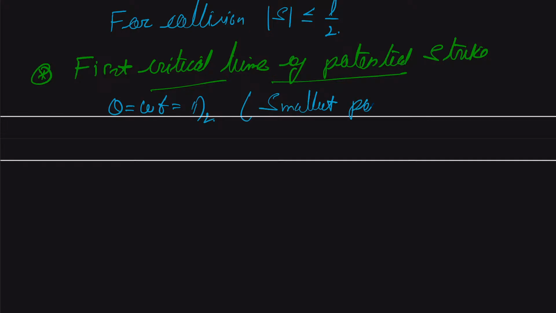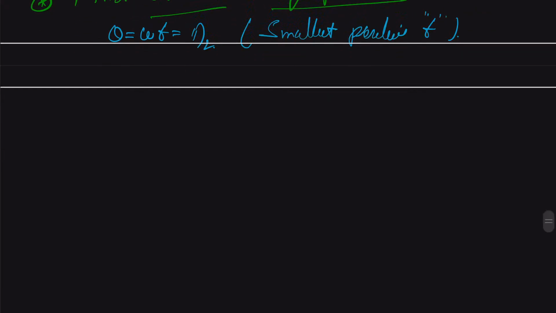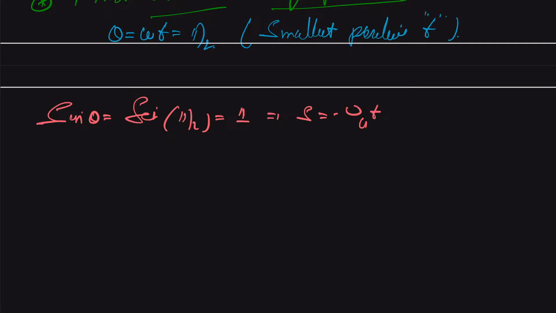And for this value of theta, we can write that sine of theta, which is sine of pi by 2, is equal to 1. And from here we can say that our S is equal to minus Vg times T. And T we can write in terms of pi upon 2 omega.